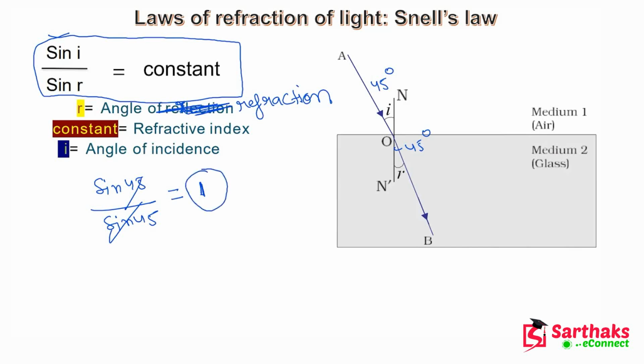So in this case, this ratio will be 1. This ratio will always be constant. I hope guys you got this point, what Snell's law states. Now let's move on to the next slide.